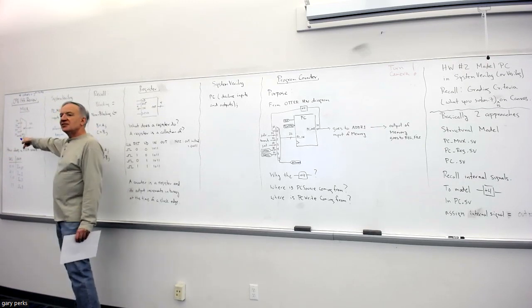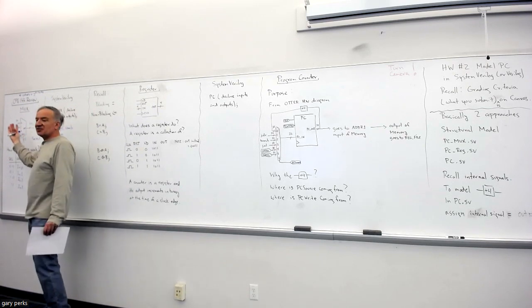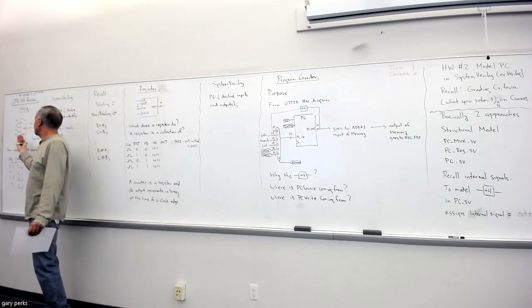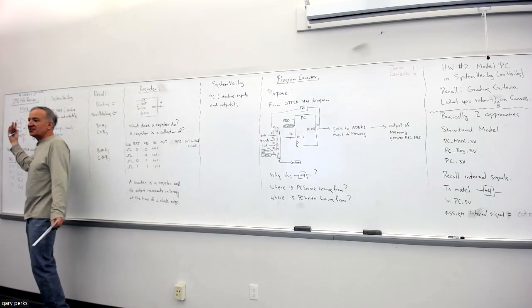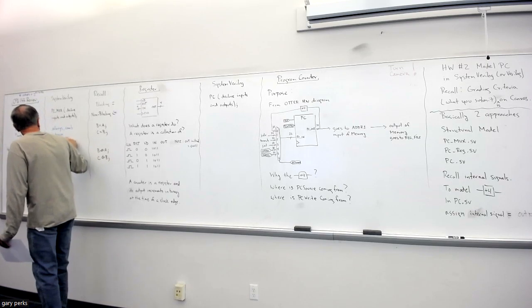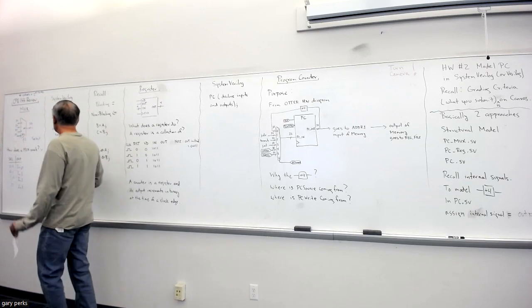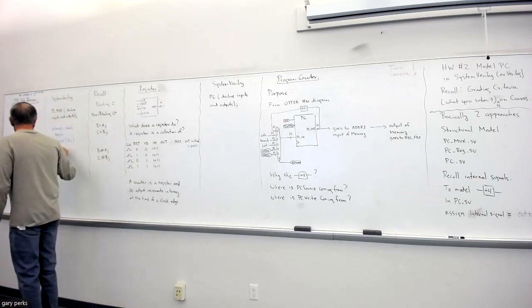Yeah, the select, because the select is what's determining what's going on. The select determines which input gets connected to the output. So you put my select in the parentheses here. And then I would just list my options. It's got 4 options here.